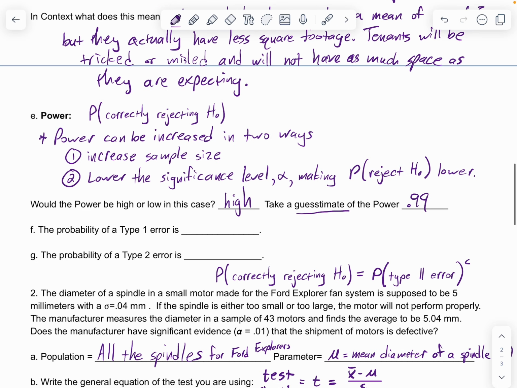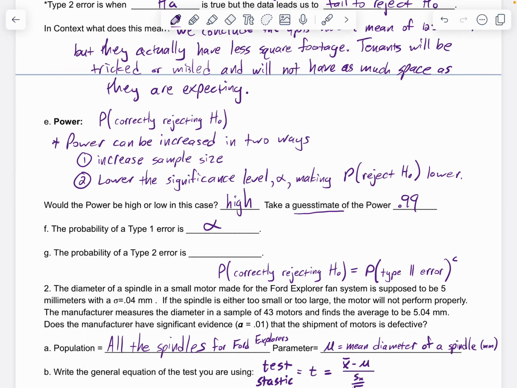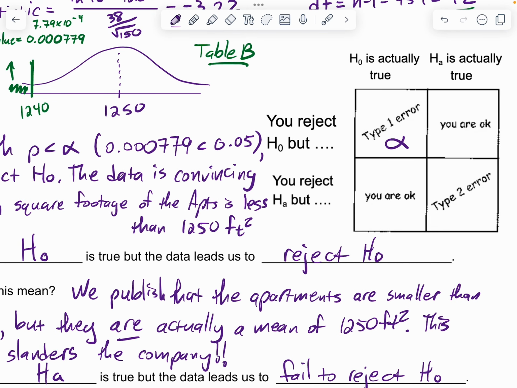The probability of a type 1 error is alpha, okay? And the probability of a type 2 error, this one's harder to wrap your mind around. So in this chart here, this is alpha, the probability of a type 1 error, and here we have the probability of a type 2 error.